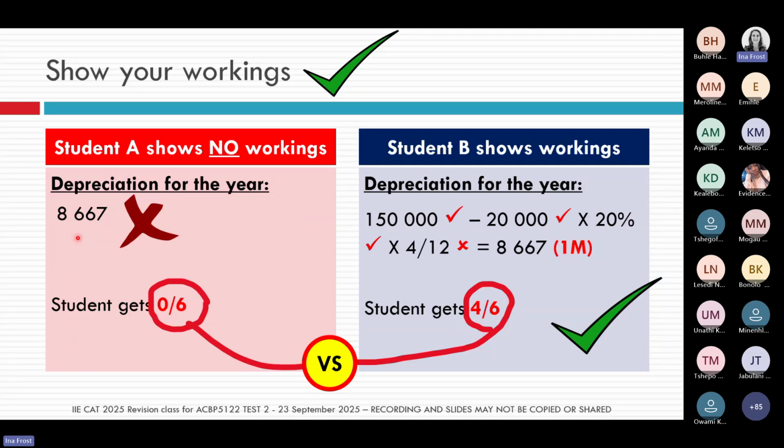I did this and this and this. All your lecturer sees is this number. So what can they do? They cannot give you any marks. So help your lecturer to give you as many marks as possible in your assessment. Please, students, I know it sounds like an old story, but please show us your workings.